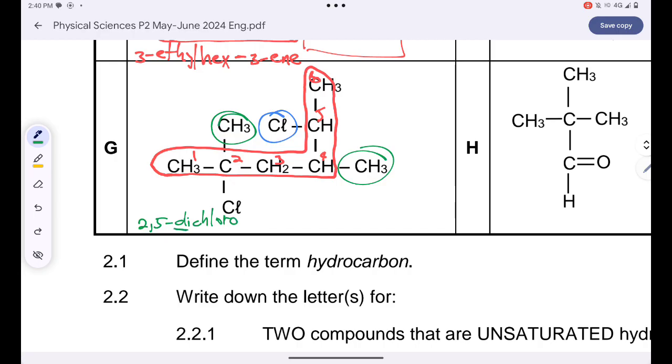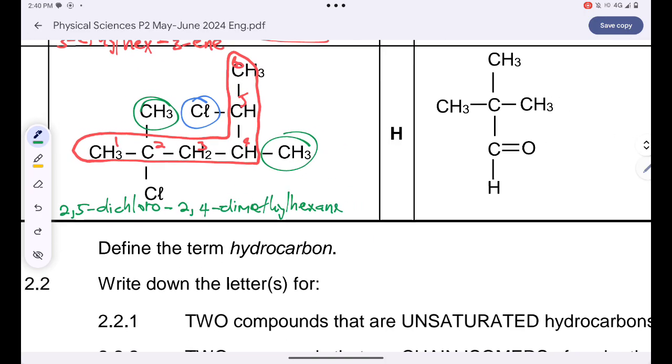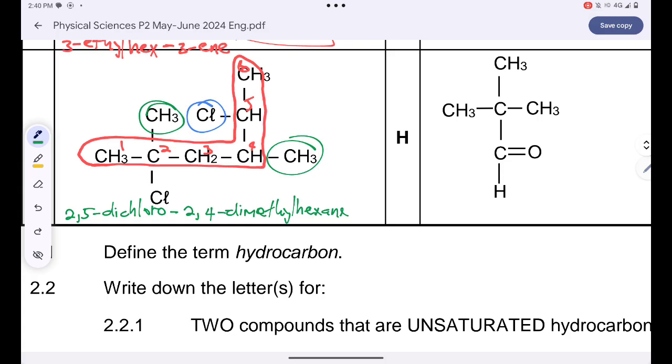I'll simply use di because I have 2 chlorines over there. So it's 2,5-dichloro, then hyphen, then I'll say 2,4-dimethyl. The parent chain has 6 carbons, so this will be hexane. That's 2,5-dichloro-2,4-dimethylhexane. This, guys, is our haloalkane.